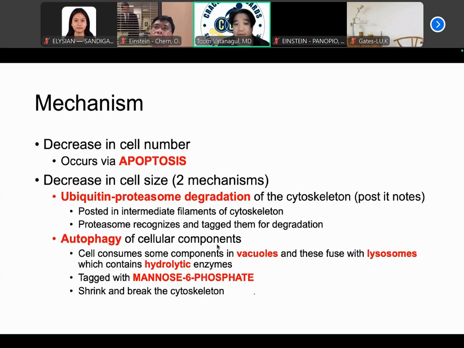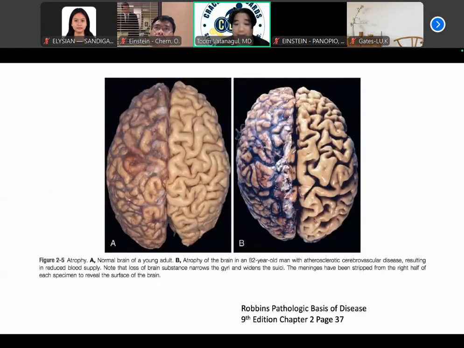Okay, very good. It is I-cell disease or inclusion cell disease. I want to highlight this. This is from the 9th edition because they use the description in the figures: loss of brain substance, widening of the sulci. Those exact words. This is atrophy.